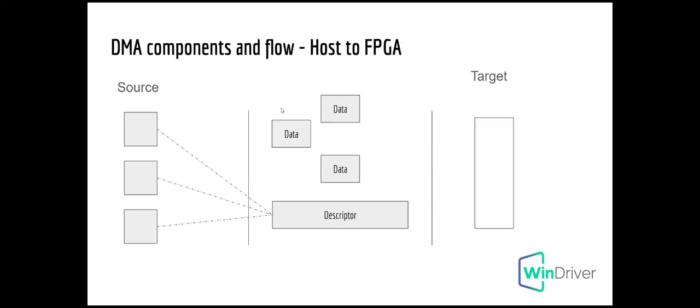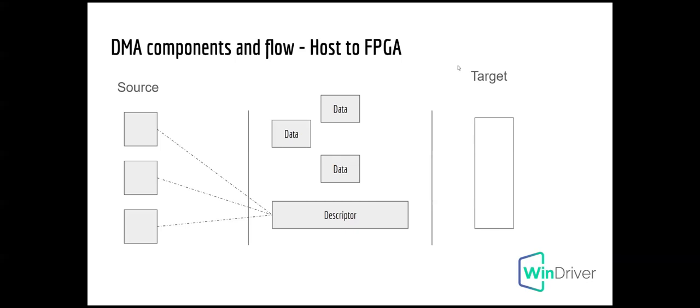So in order to do that, we need to create components, we need to create entities. In this example, I will talk about a host to FPGA transfer. So here we have the RAM memory, the ROM, the hard drive, and here we have the target, which is the FPGA.